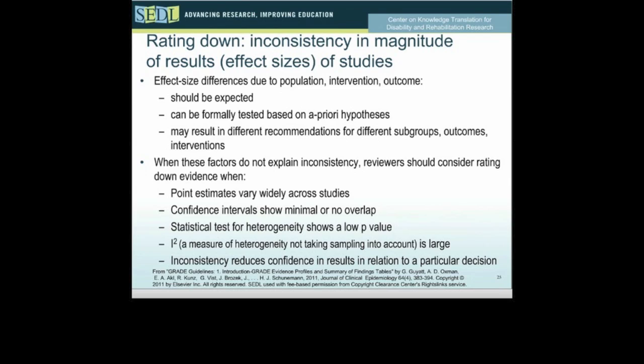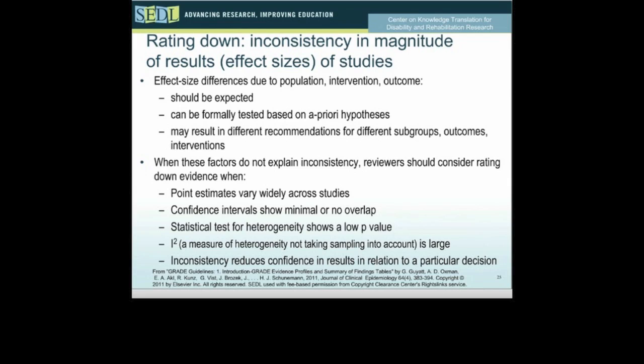And reviewers should start considering rating down evidence when the point estimates vary widely across studies, or when maybe the point estimates are not that far apart, but they have very narrow confidence intervals, still showing that these studies have different outcomes for reasons we don't understand.